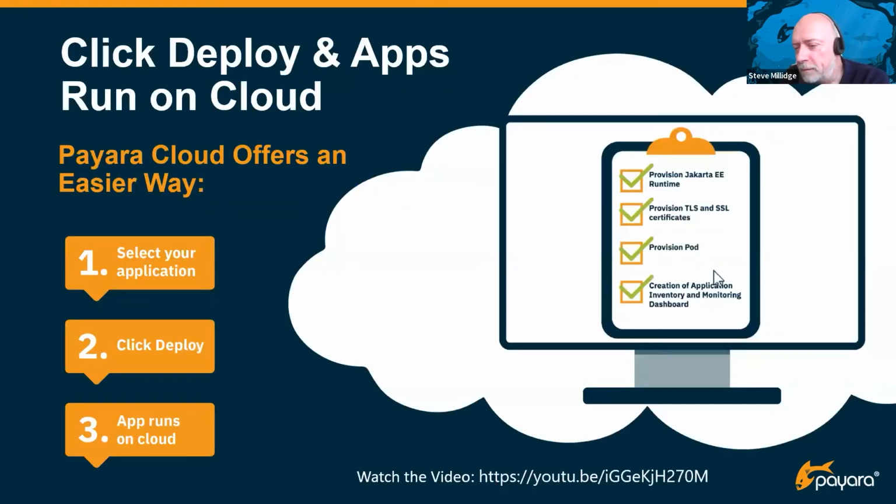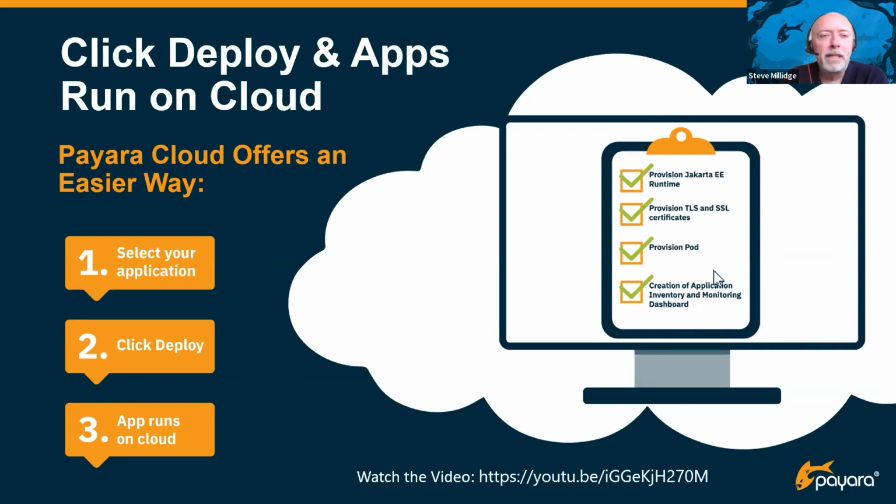And then finally, we move on to Payara Cloud. Payara Cloud, again, as part of that ability to deploy applications on any infrastructure, we are getting very close to shipping, and that essentially will allow you to just take a WAR file and deploy it onto basically a cloud infrastructure.